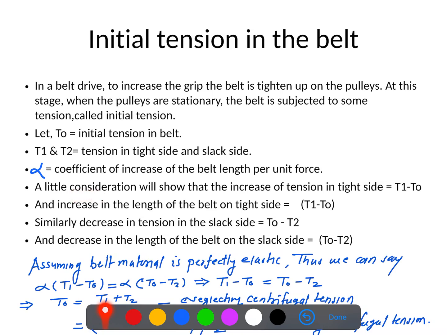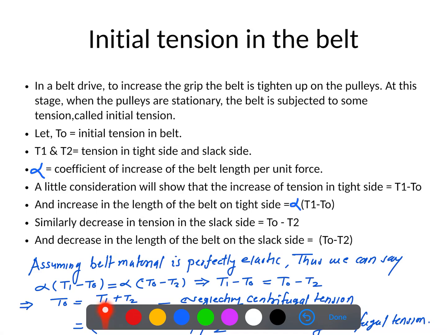A little consideration will show that the increase of tension in the tight side is equal to T1 minus T0, and the increase in the length of the belt on the tight side is equal to alpha into T1 minus T0.